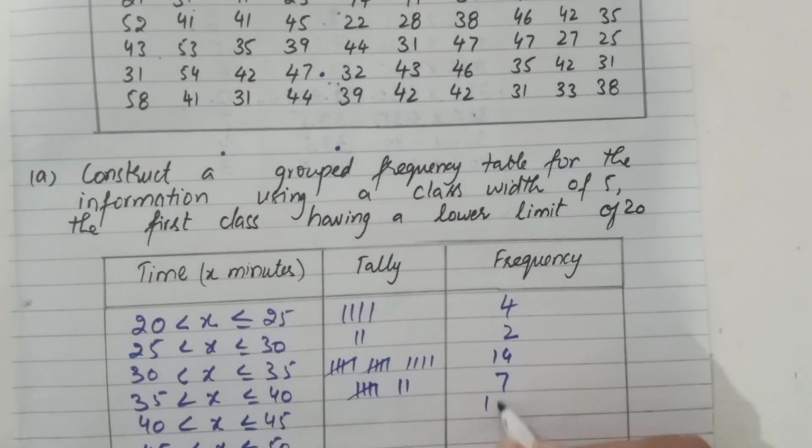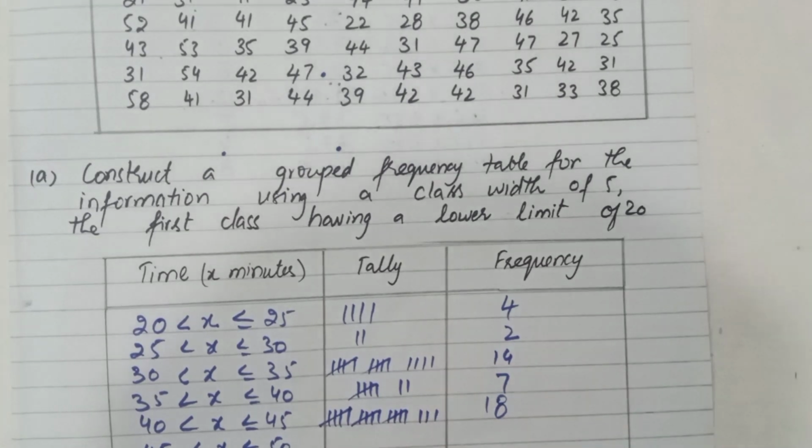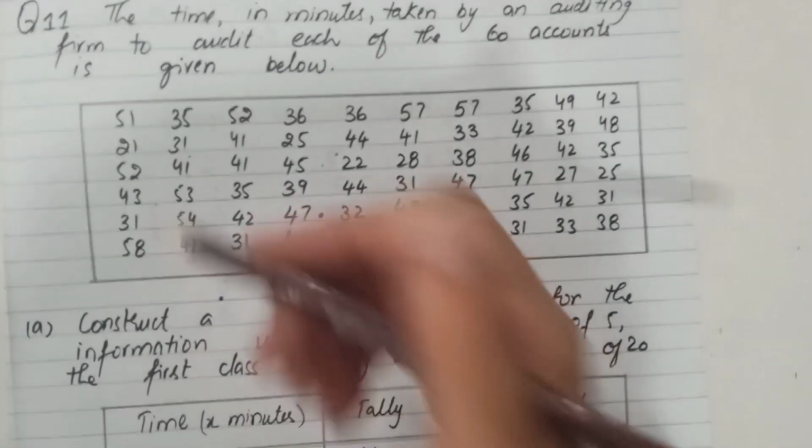Yes, 18 values. Now we can draw the line on it.